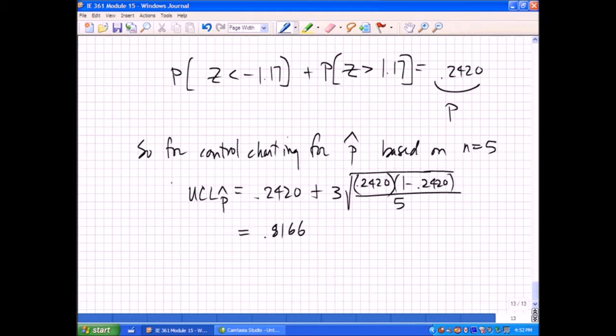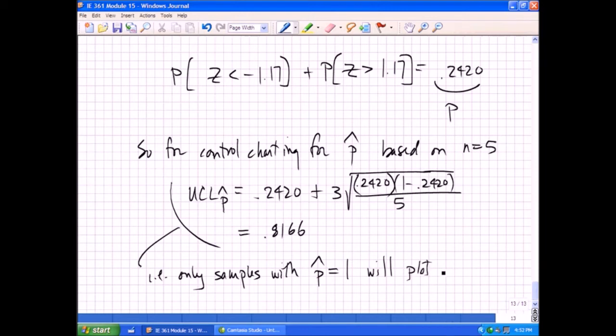Okay, so I look at this thing and I see that only samples with p hat of 1 will plot outside control limits.